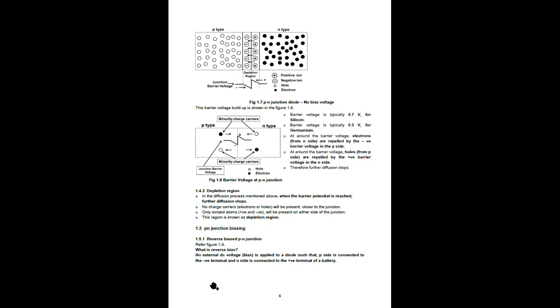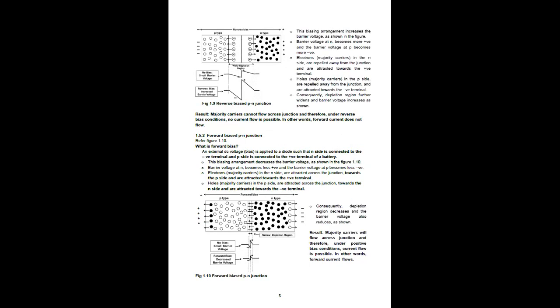When an external DC voltage is applied to a diode, that is a p-n junction, such that the p side is connected to the negative terminal and the n side is connected to the positive terminal, this type of biasing is called reverse biasing. By reverse biasing, the depletion region becomes wider and wider, so it increases the barrier more and more.